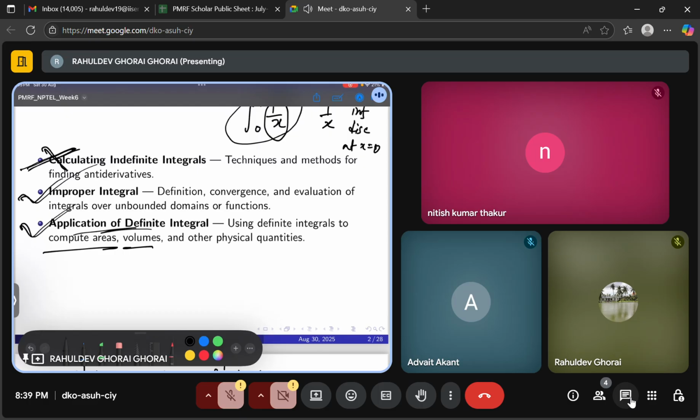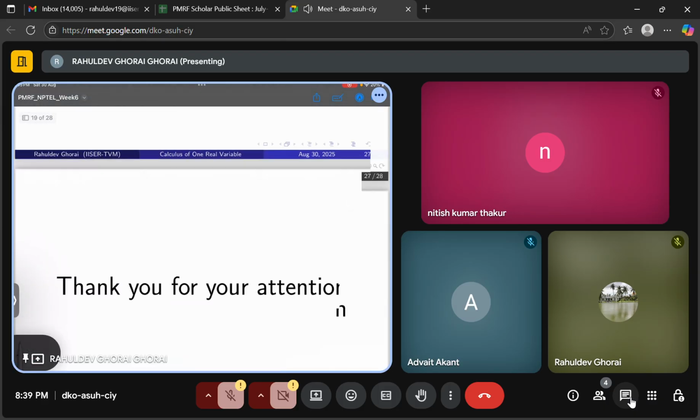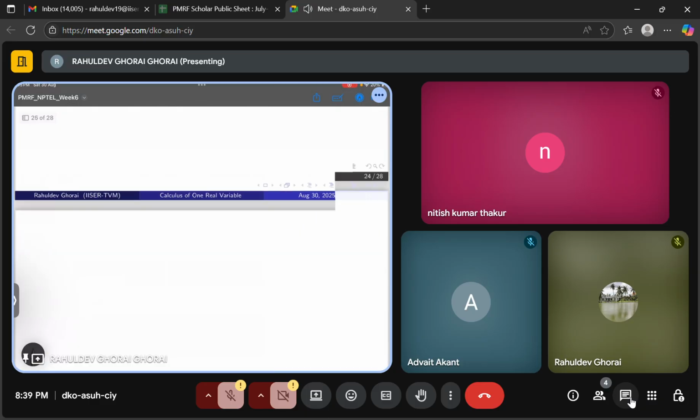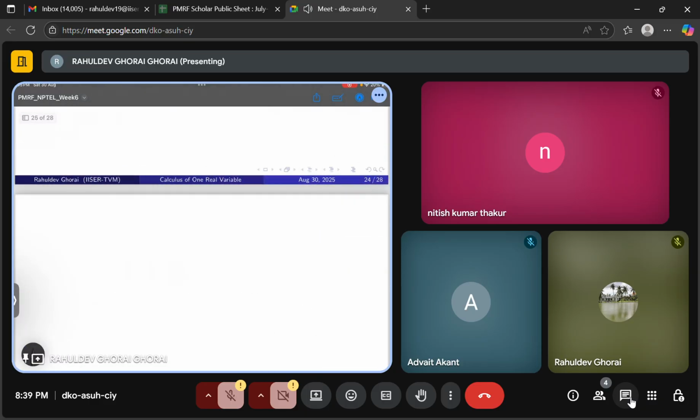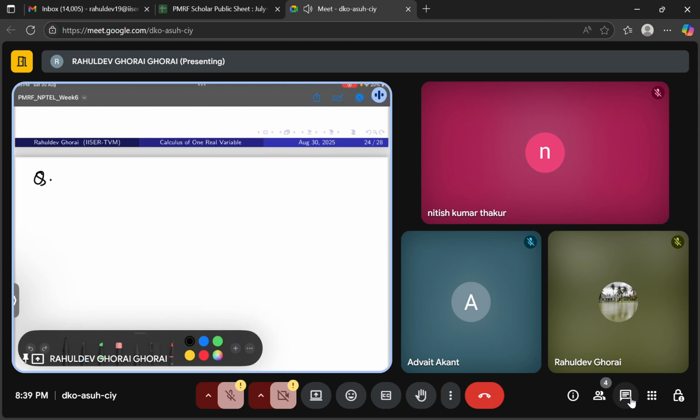Now we only need to do the application of definite integral. One we did, but that was very simple. So that's why I'll do another, and end today's session by doing that. That is the question, some question number will be there.